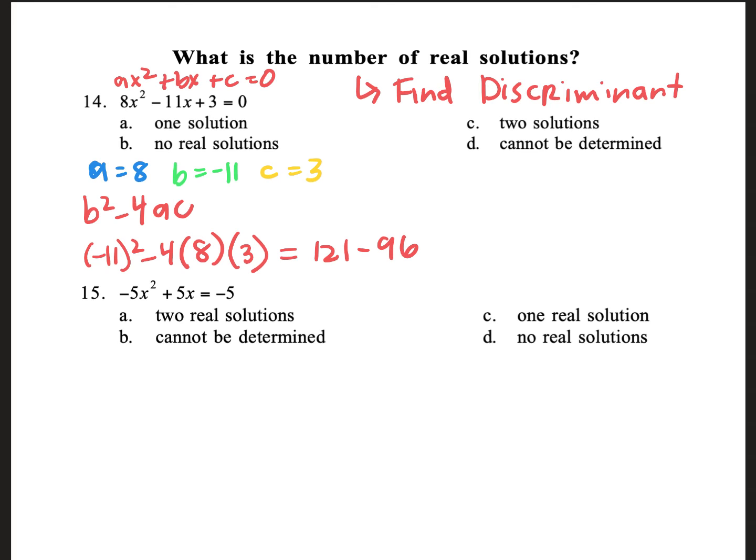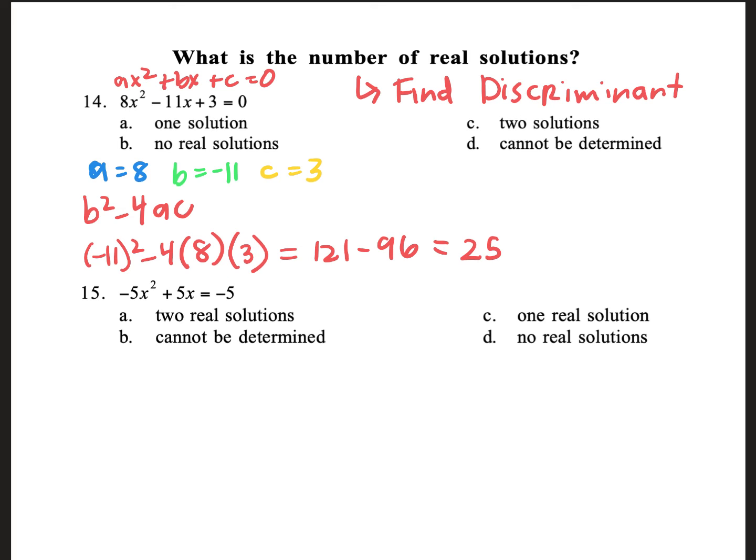Sorry, I feel like I typed that in wrong, so I just want to double check. Okay, that did work. From there, you're just going to simplify. So 121 minus 96, which gives me 25.